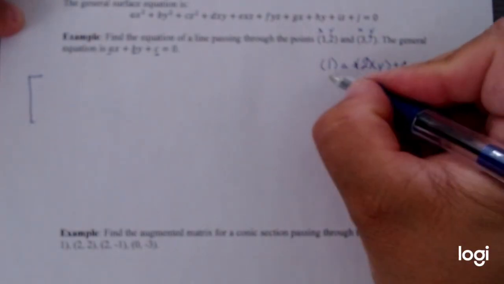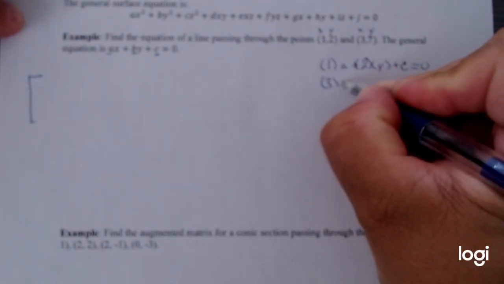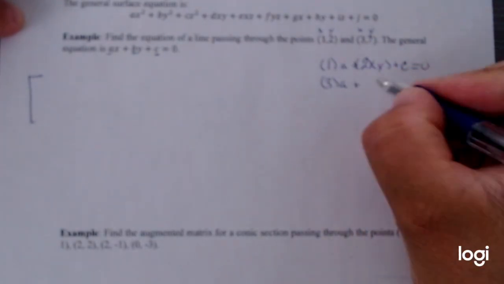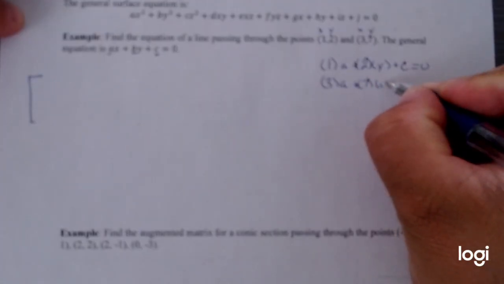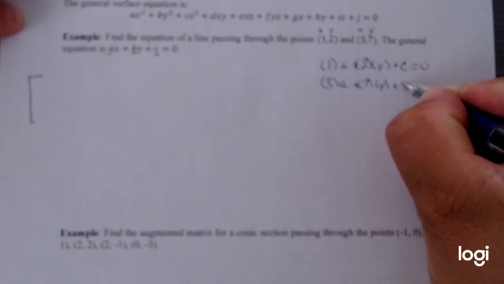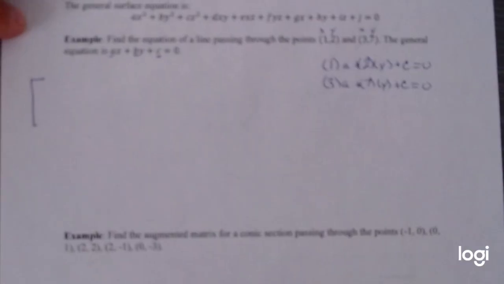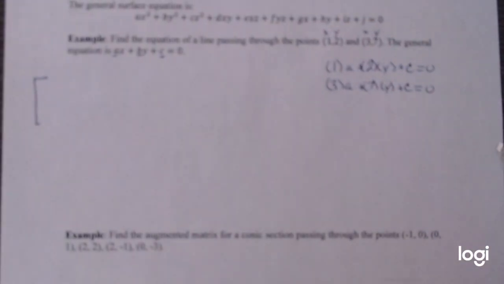And then for the other one, I'm going to have 3 times a plus 7 times b plus c equals 0. Okay. Now, what does that mean?